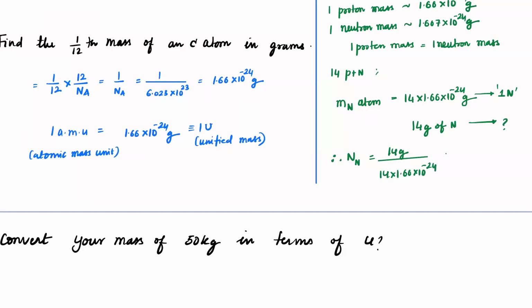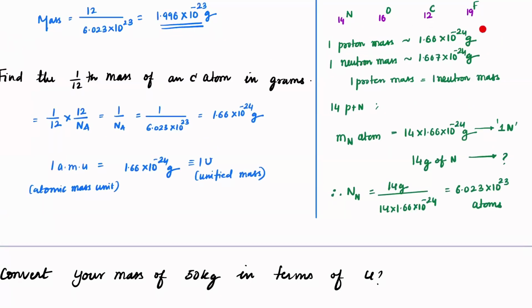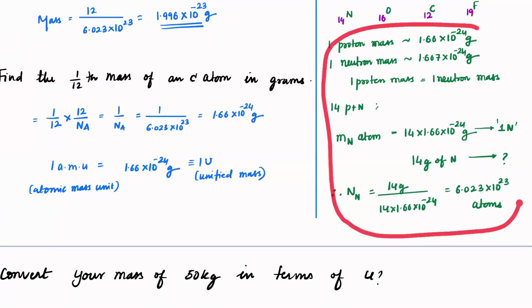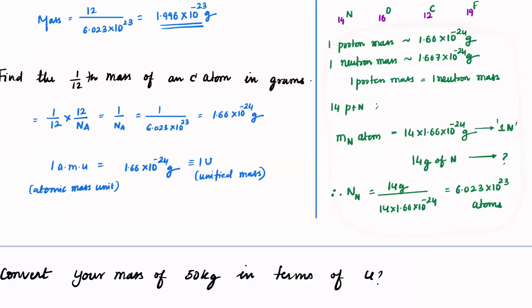That again turns out to be 6.023 into 10 raised to power of 23 atoms. So in short, we can simply use the mass number to figure out the number of atoms present. All you need is the assumption that proton and neutron masses can be taken as the same, and you can calculate the number of atoms present.